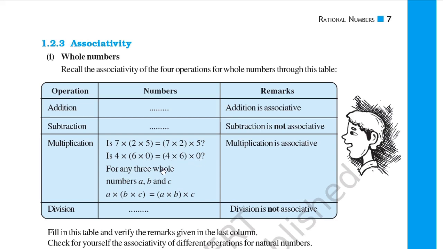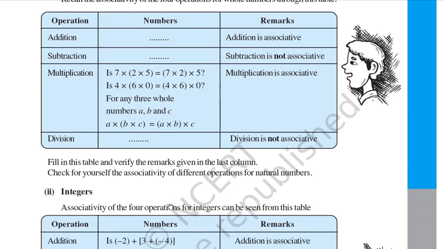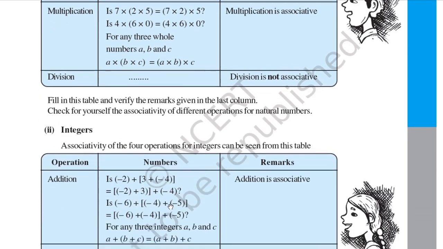So for any three whole numbers a, b and c, a into, in bracket, b into c is equal to a into b and into c. So it is associative. Addition is also associative, but subtraction and division will not be associative like this when you do it for these things. So you have to fill in the blanks for the others.